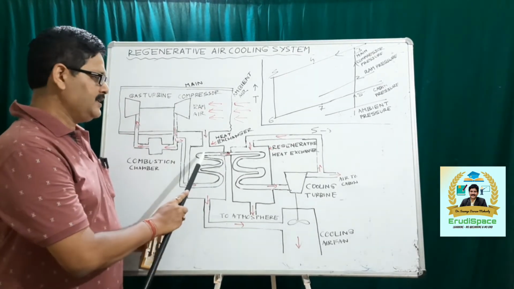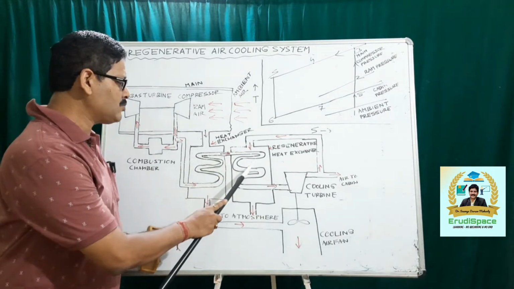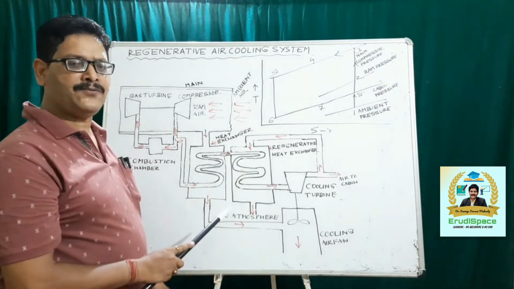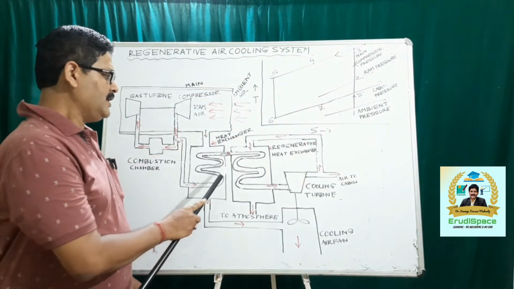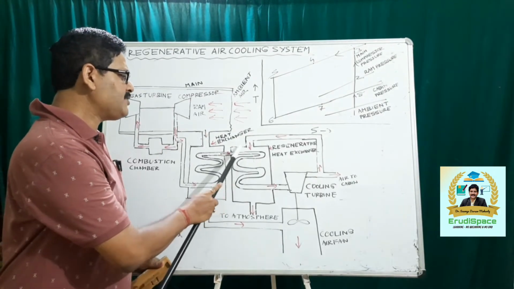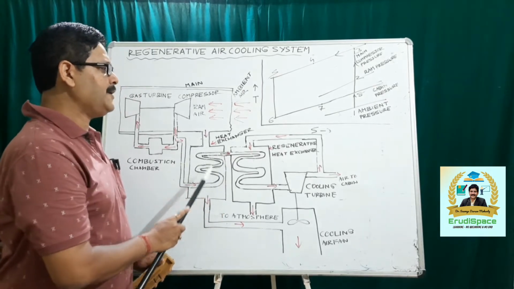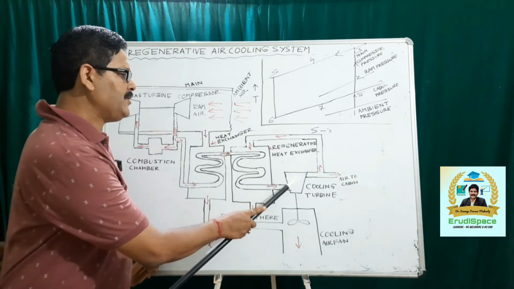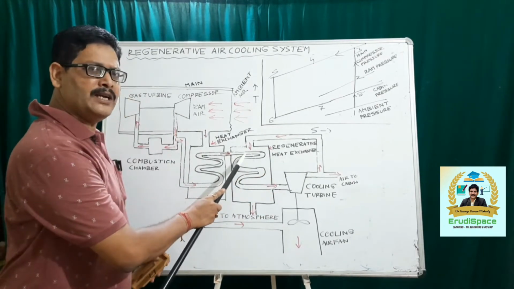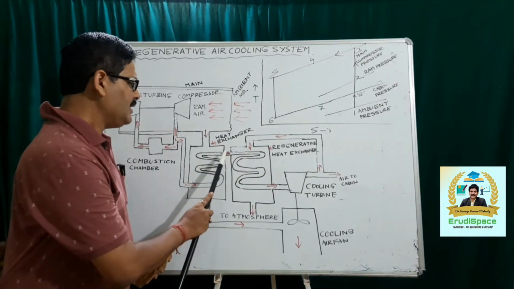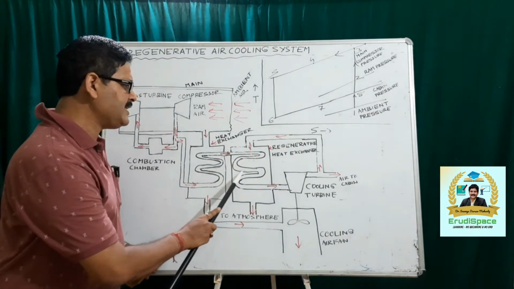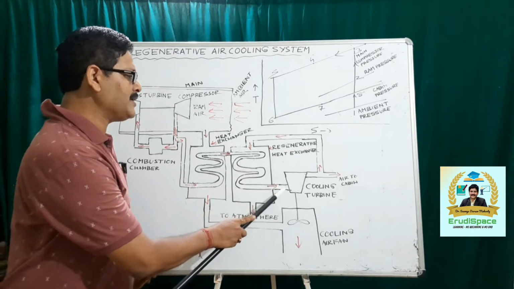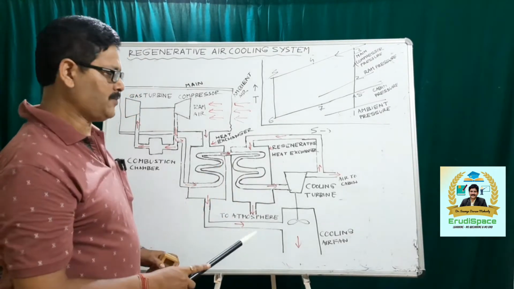After that, this air is made to pass through the second heat exchanger, which is your regenerative heat exchanger. And here, this is actually cooled by a fraction of the air coming from the cooling turbine. After being cooled in the regenerative heat exchanger, the air is made to pass through the cooling turbine.